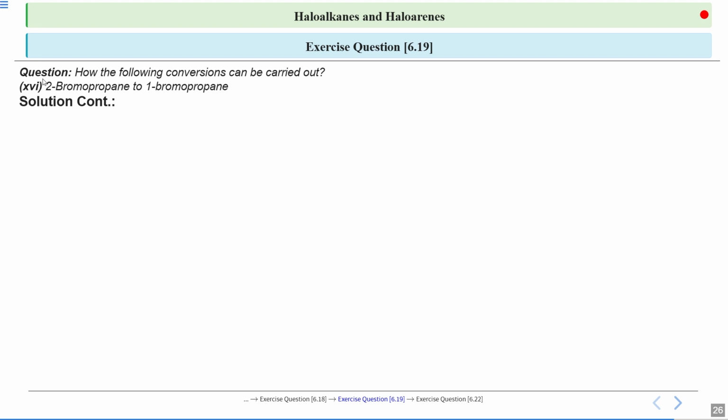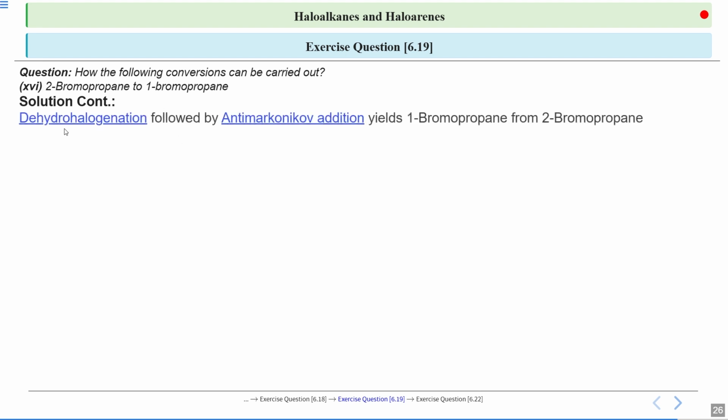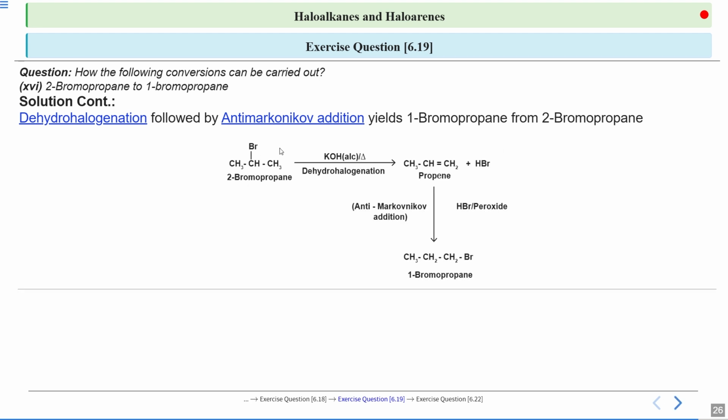The 16th part, 2-bromopropane to 1-bromopropane. For this, you have to do dehydrohalogenation, followed by anti-Markovnikov addition, which will yield 1-bromopropane from 2-bromopropane. So you take 2-bromopropane and react it with alcoholic potassium hydroxide. The dehydrohalogenation will happen.